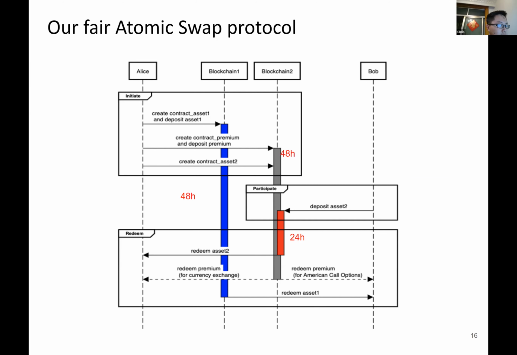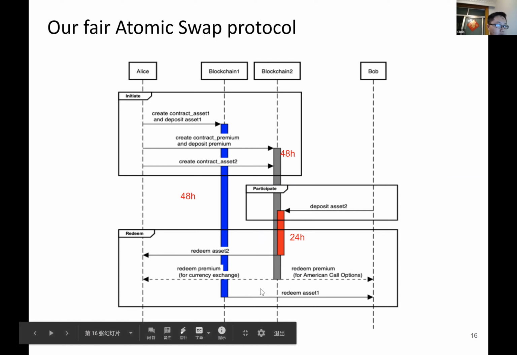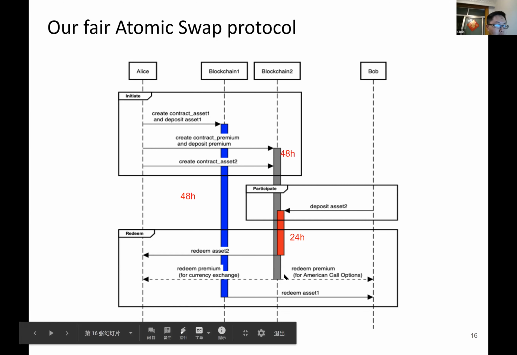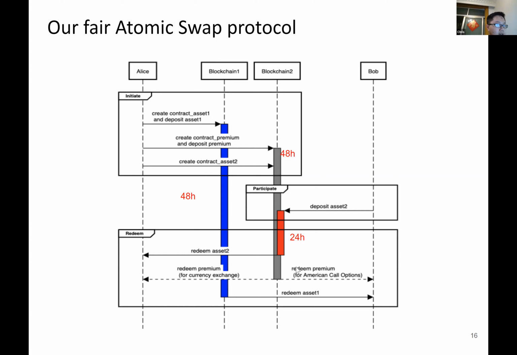Note that such a protocol can be used not only for an American call option, but also for a currency exchange scheme. If it's a currency exchange scheme, later it's Alex who is going to redeem the premium. If it's an American call option case, it's Bob who is going to redeem the premium. So adding a premium here mitigates the optionality in the original atomic swap protocol.